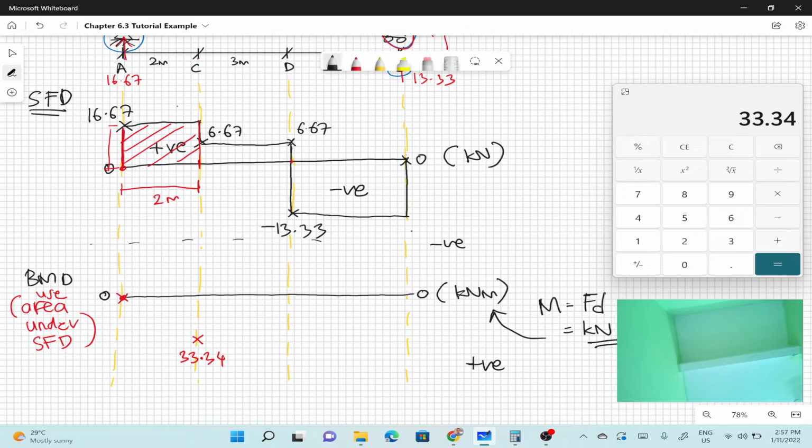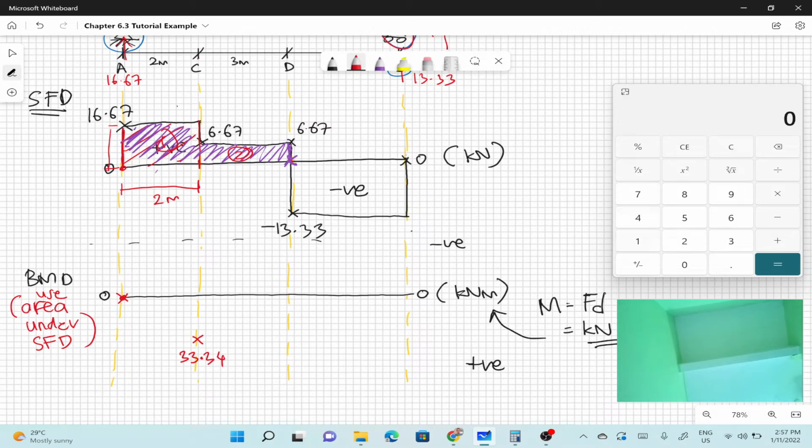Okay, now let's continue. I'm going to change the color so that you understand what I'm trying to say. Now we want to get the value for our bending moment at point D here. This is our limit, so we just use the area before it. We're going to have area 1 plus area 2.